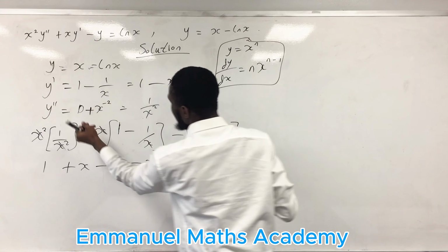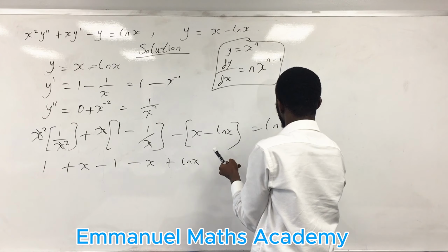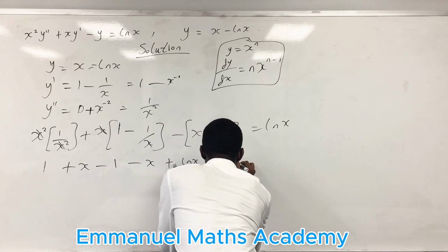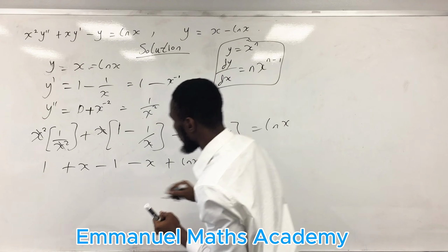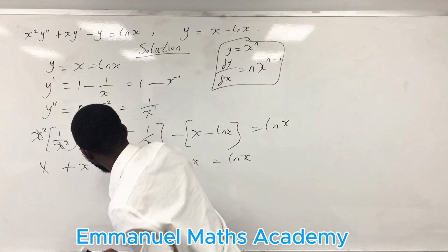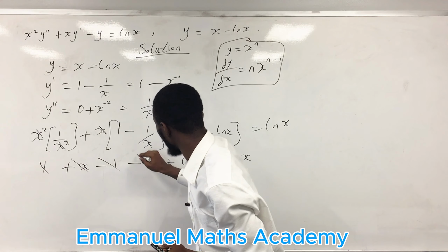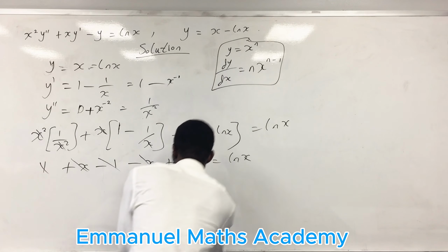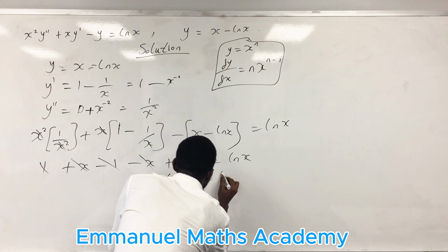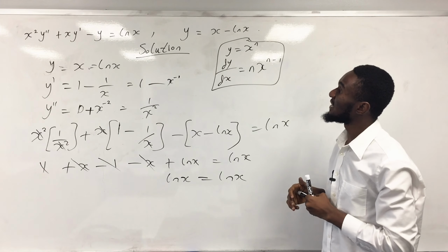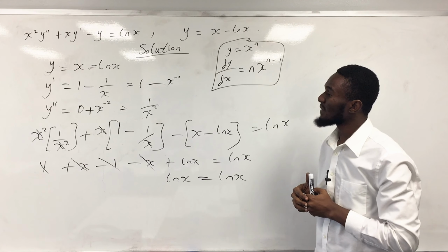But meanwhile, all this is equal to what? ln x. From this equation, all this is equal to ln x. So we have 1 and minus 1. It will cancel out, right? We have plus x and minus x. It will cancel out. So we are left with what? ln x is equal to ln x. So hence, this is a solution of the equation. As simple as that.